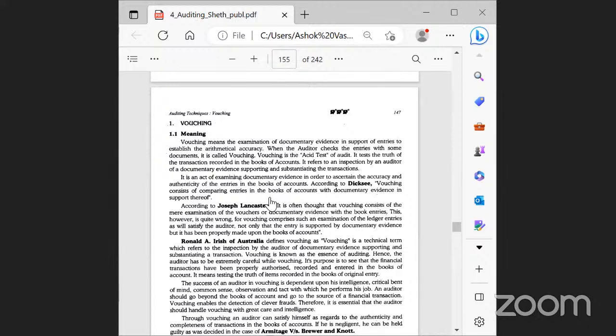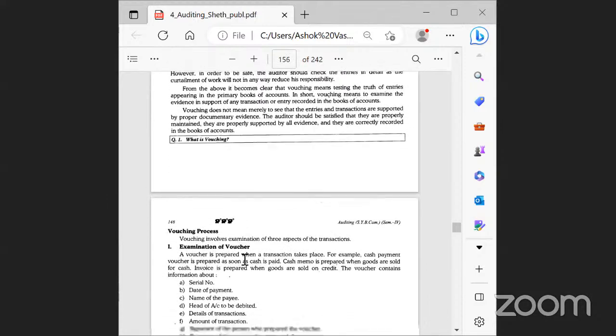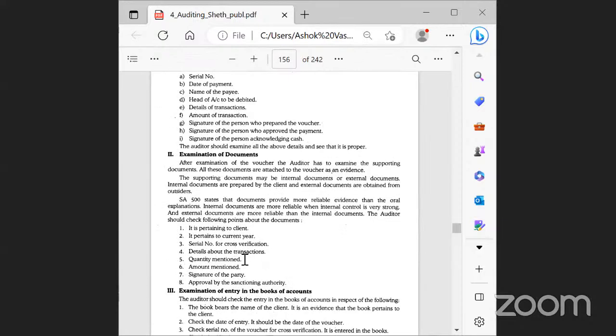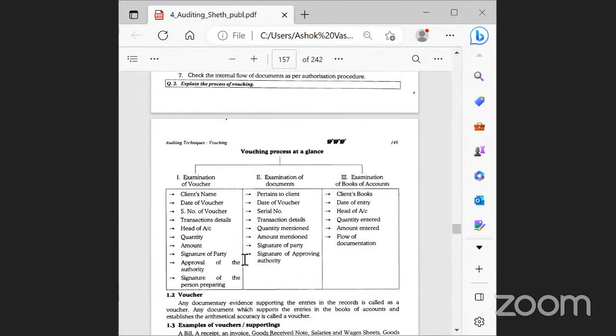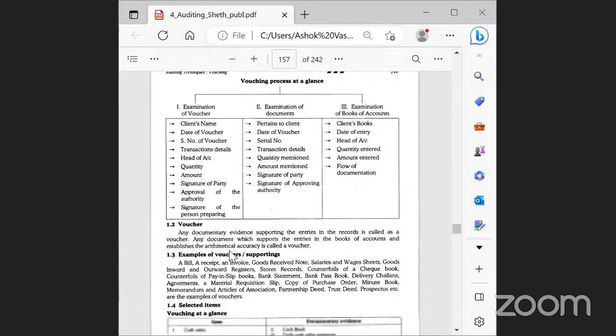When the transaction is to be audited, we check them against the vouchers. Documentary evidence in support of a transaction is called a voucher. Okay. This meaning, examination is important. This chart, you better learn it.